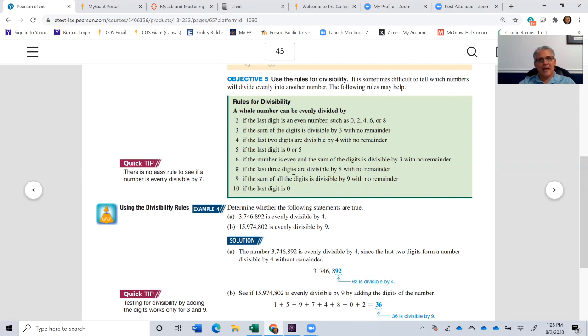Divisible by 8 if the last three digits are divisible by 8 with no remainder. And then divisible by 9 if the sum of all the digits is divisible by 9 with no remainder. And then 10 if the last digit is 0. So these rules of divisibility will make it easier for us to make a determination if a specific number can be reduced or can be evenly divided by a specific whole number, including 2 through 10.